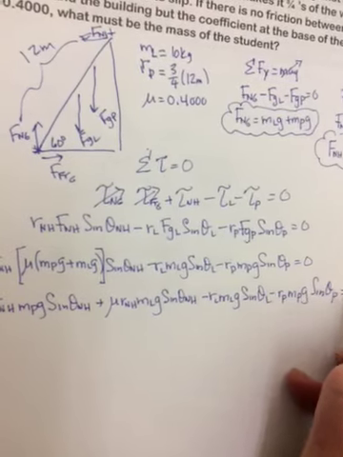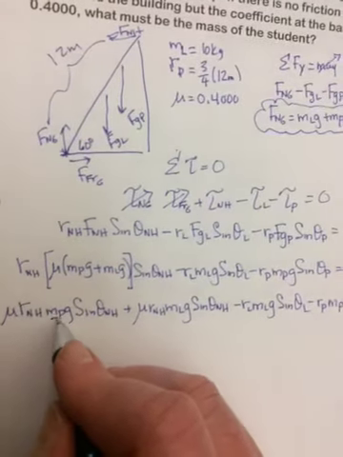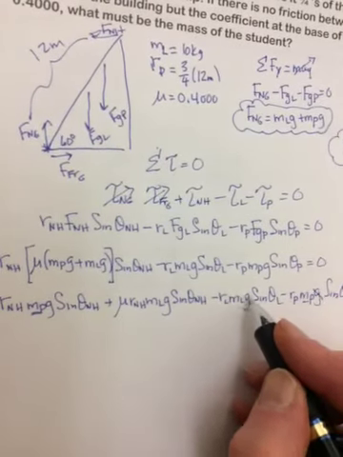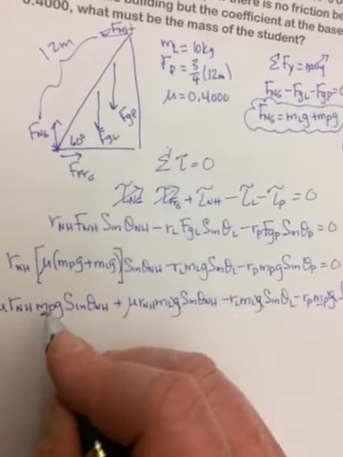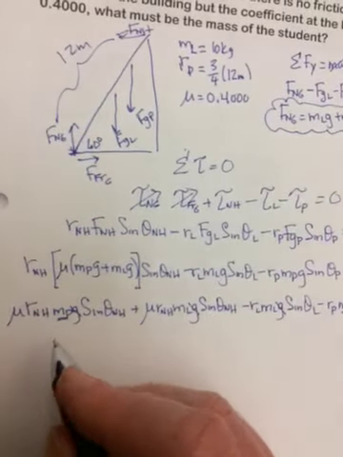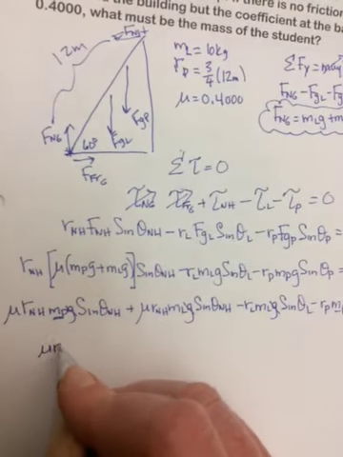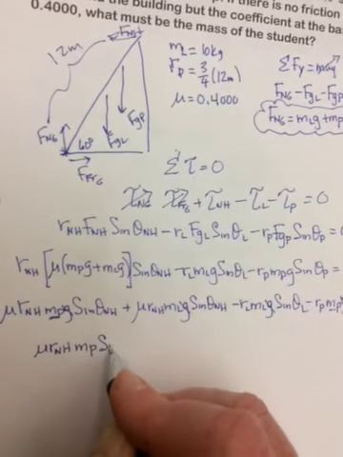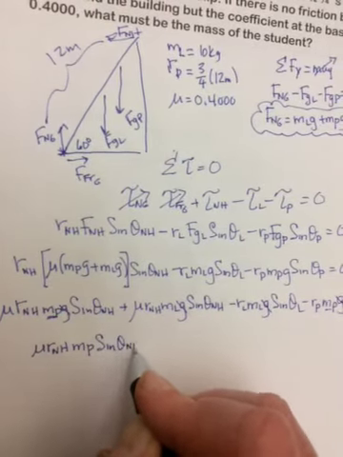Isn't that pretty? Now, you're trying to solve for m of the person. You might notice that they all have g's in them, so you can cancel the g out. And then keep the two terms with m of the person on this side. So mu R normal of the house, m of the person, sine theta normal of the house, the g is gone.